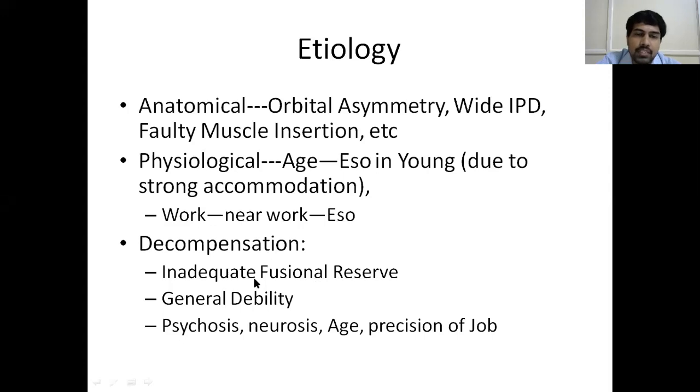Suppose the brain is weak, he has some neurological problem, some infarct or hemorrhage in his brain, his occipital cortex is gone, and he's unable to fuse both the images. So that patient is generally weak, so his extraocular muscles also become weak because they are also skeletal muscles. He has some fever or some tuberculosis. His general condition is poor. At that time, the muscles don't work well. So in that case, the heterophoria gets decompensated and it becomes a manifest squint or heterotropia.